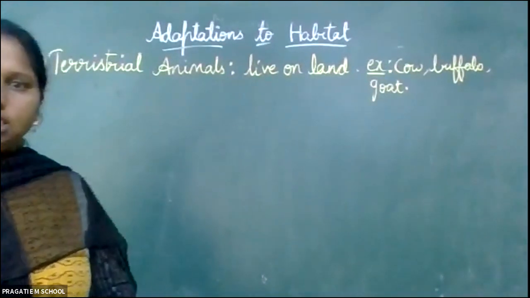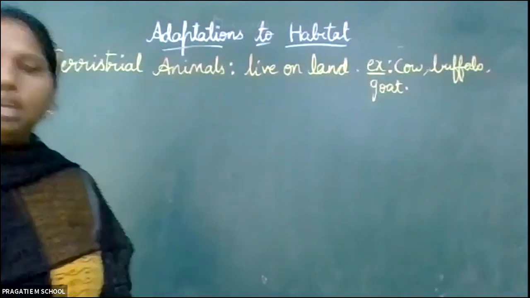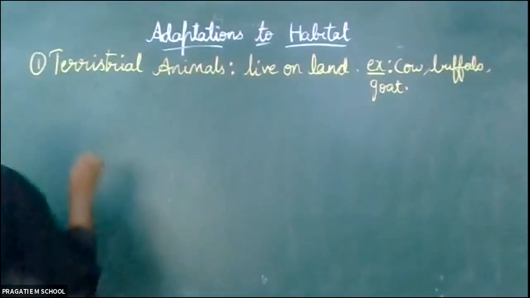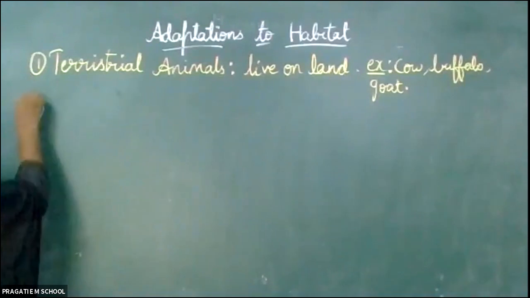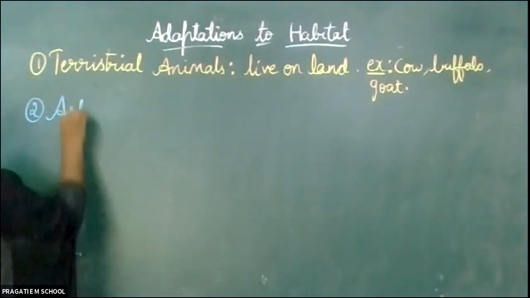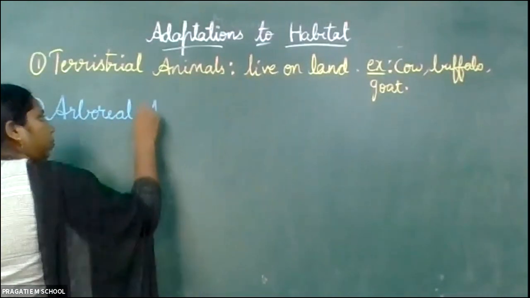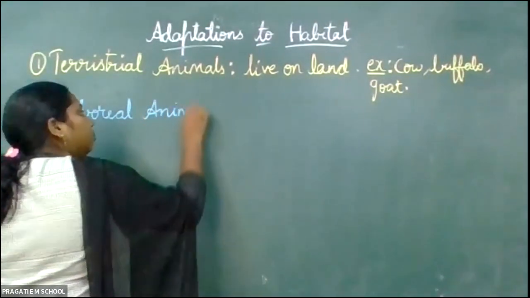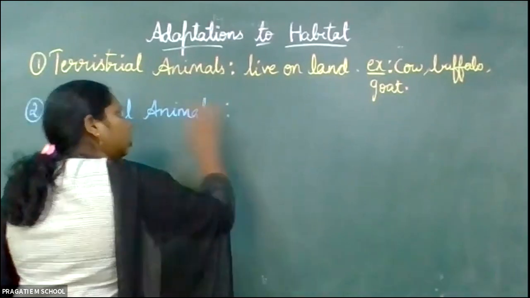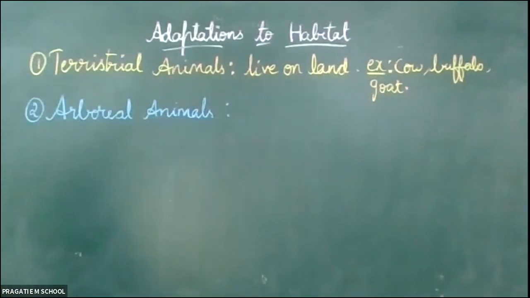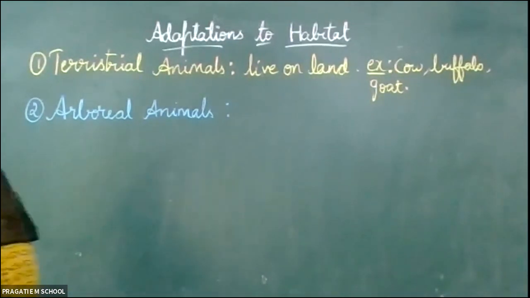Okay. Next, second one. What is the second one? Arboreal animals. What is meant by arboreal animals?